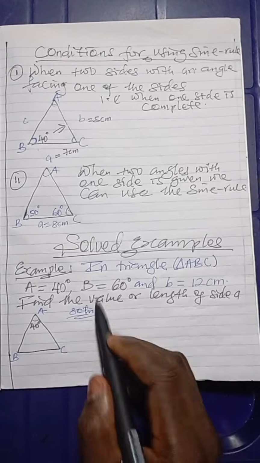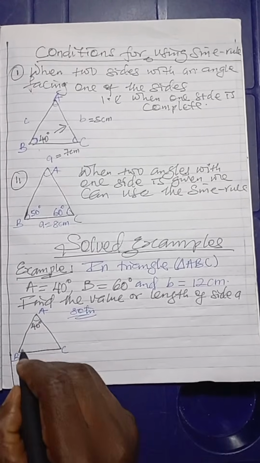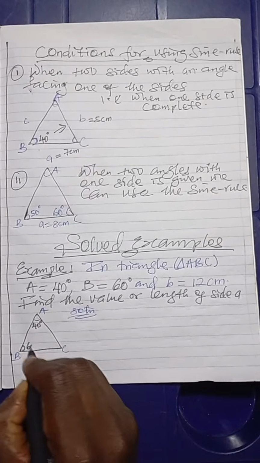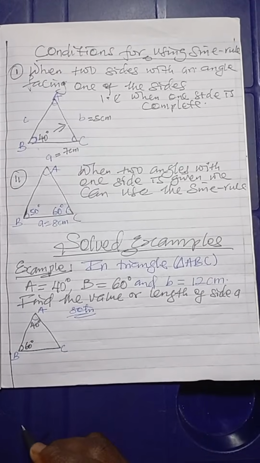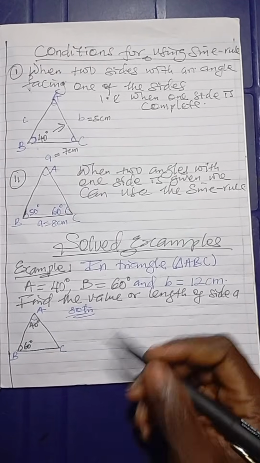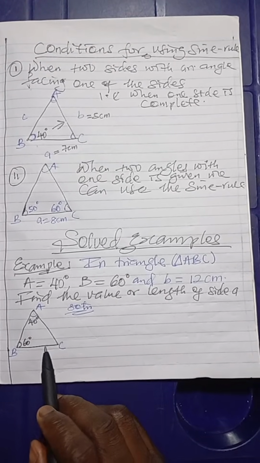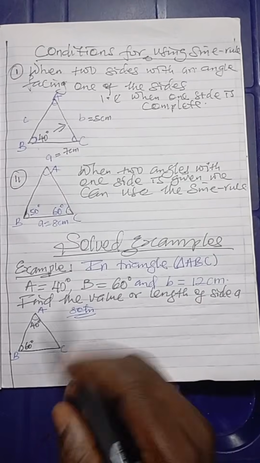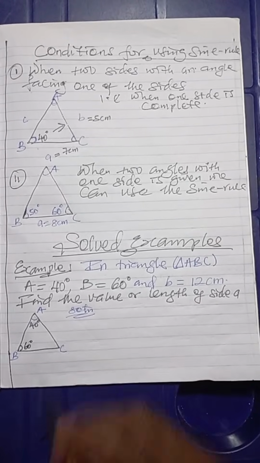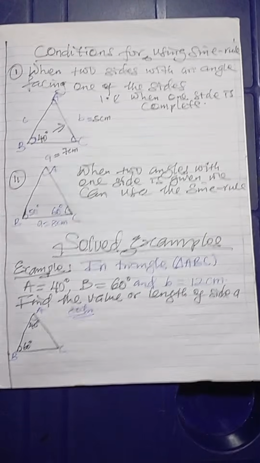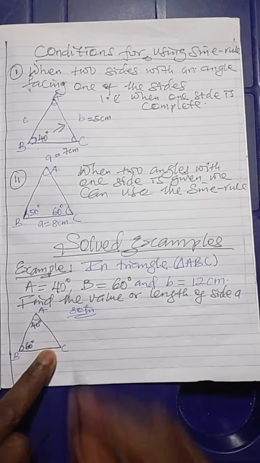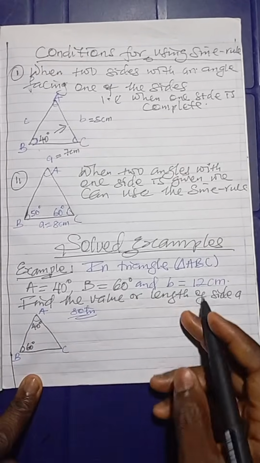Then B is 60 degrees, that means this angle here is 60 degrees. So, assuming I ask you, what will be the angle here? Remember the sum of angles in a triangle. So you can easily find it here. When you sum them, you equate it to 180.